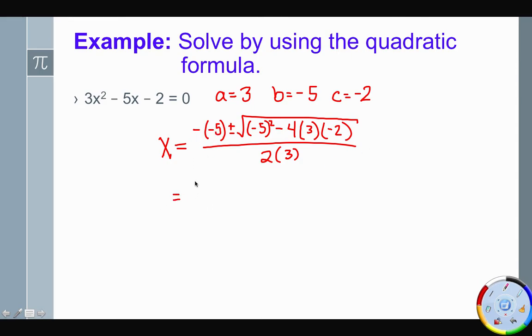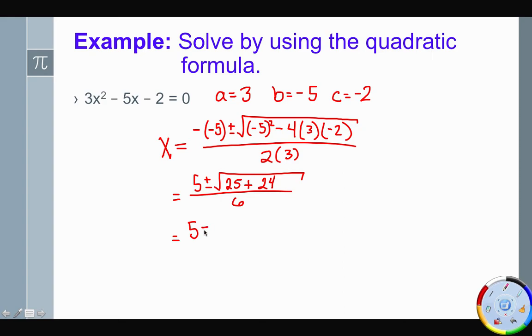So we get negative 5, which is positive 5, plus or minus the square root of 5 squared, which is 25. Be very careful here with the negatives. This is actually negative 4 times 3 times negative 2, so it makes a plus 24, all over 6.